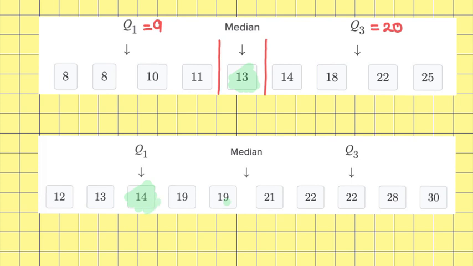So Q1 is 14, Q3 is 22, but the median is halfway between 19 and 21, so the median in this case is equal to 20.